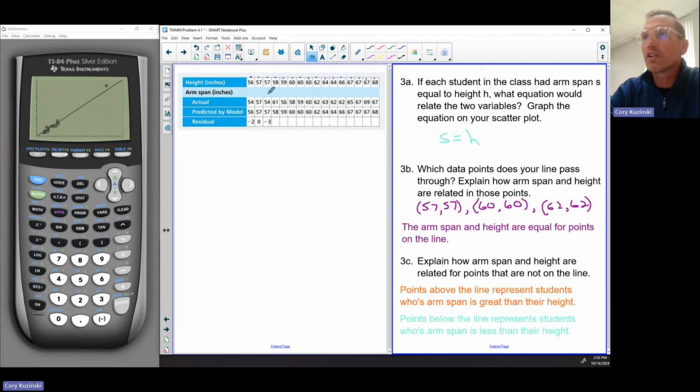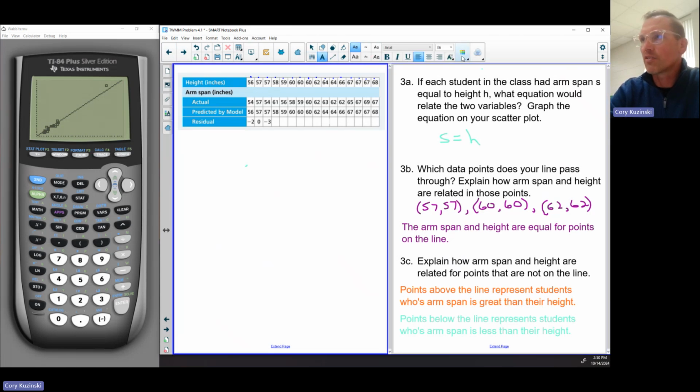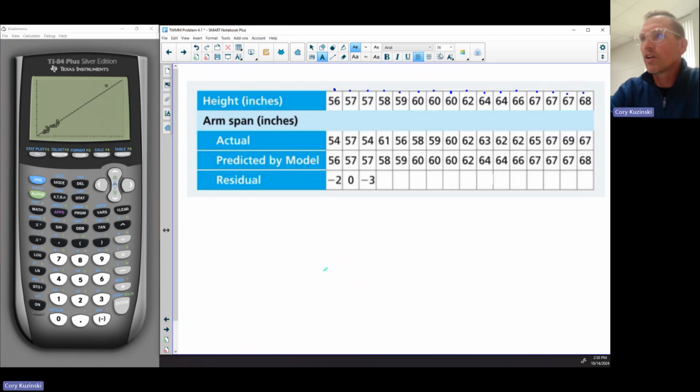All right, so let's calculate these residuals. I'm back here on the graph on the front page. Where are these numbers coming from? 56 minus 54 is negative 2.